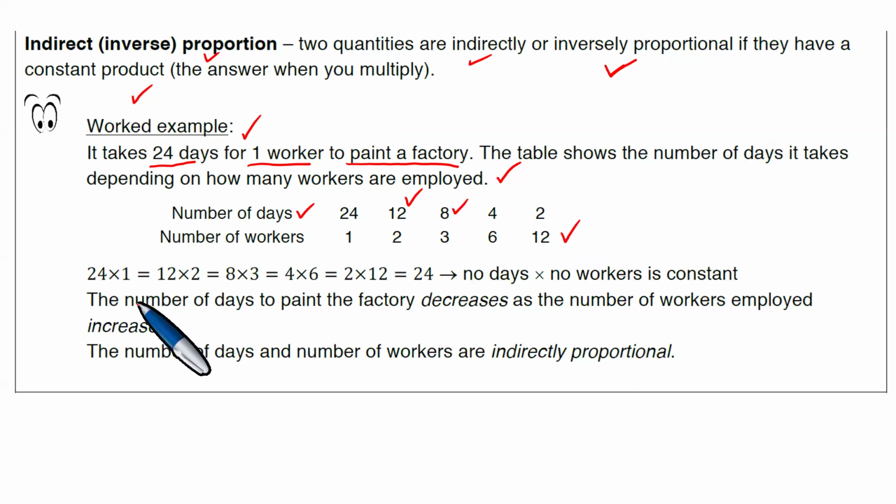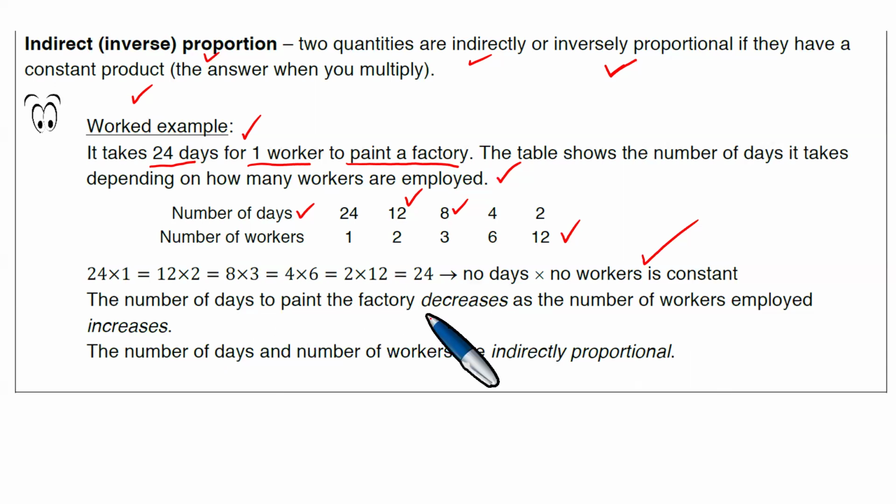So we can see 24 by 1 is the same as 12 by 2, 8 by 3, 4 by 6, 2 by 12. Number of days times number of workers is constant at 24. The number of days to paint the factory decreases as the number of workers employed increases.